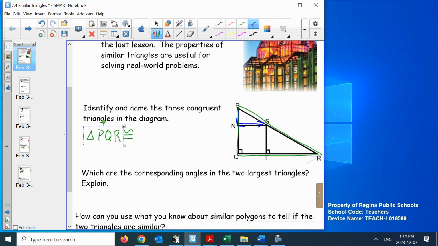I'm going to use blue for that one: PNS. What's the third one? Same angles. STR.